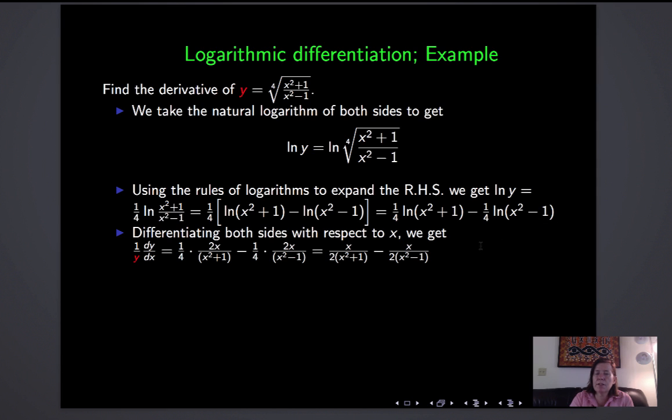So you see the derivative of the right-hand side is quite easy to write down. It's x over 2 times x squared plus 1 minus x over 2 times x squared minus 1.